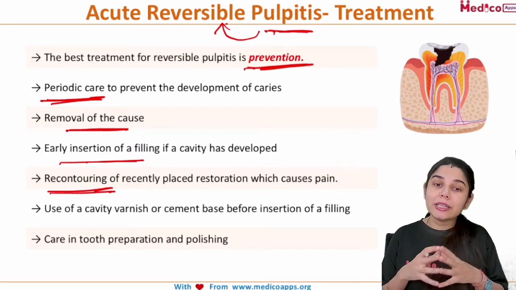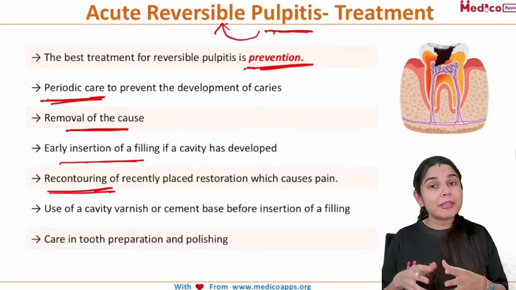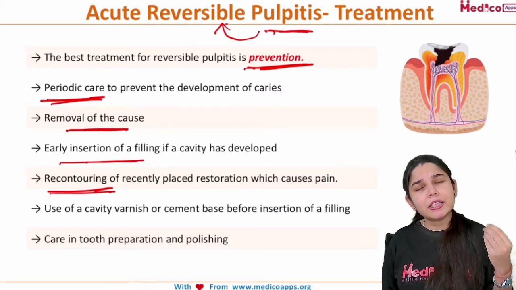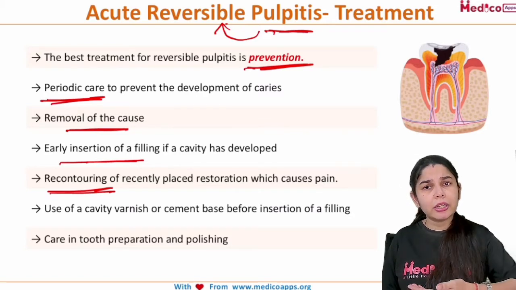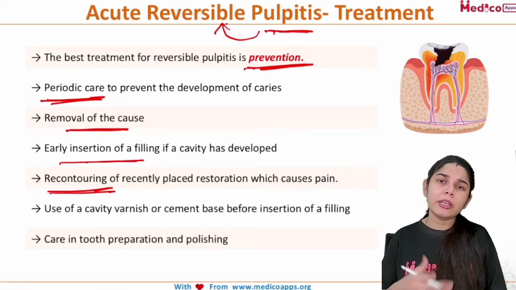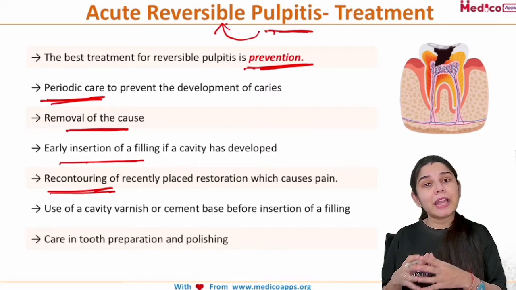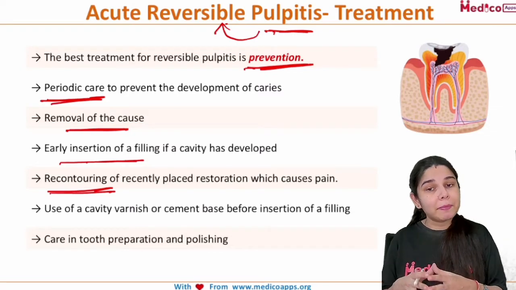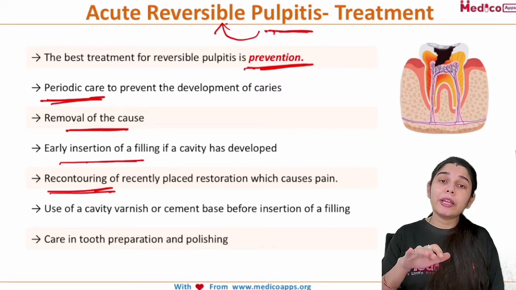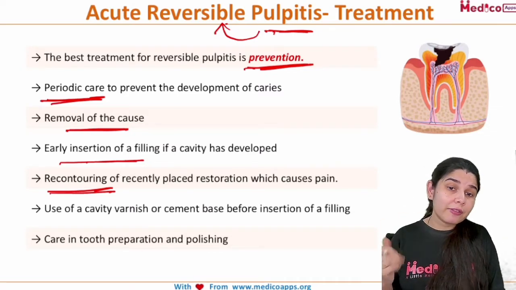How are they helpful? For the caries which has formed in the tooth, we can protect the pulp by putting cavity varnish or cement base, and then putting a restoration or a filling material over that.